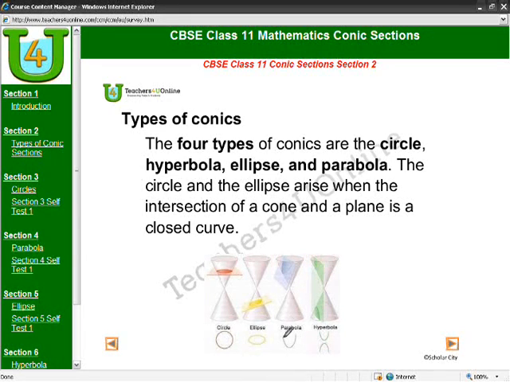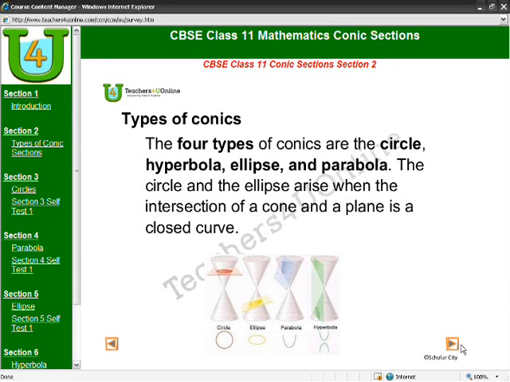But what about this? A parabola? A parabola is an open-ended curve. So is a hyperbola. So hyperbola and parabola are not closed curves, while circle and ellipse are examples of closed curves.